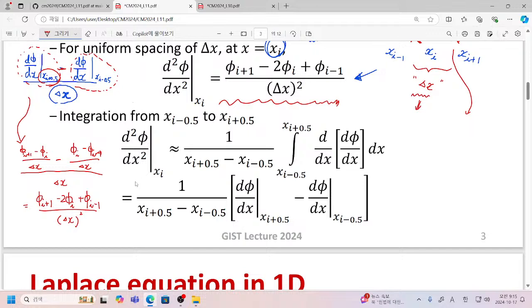That is done by integration over a certain range, and that range is given from the midpoint between two neighboring points.